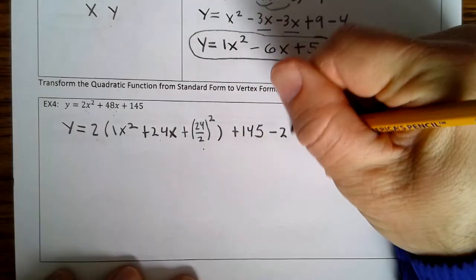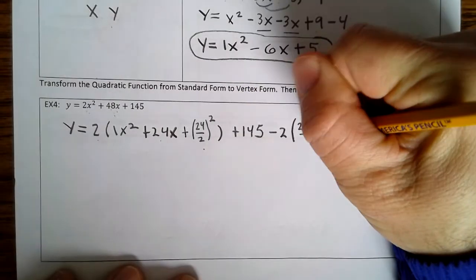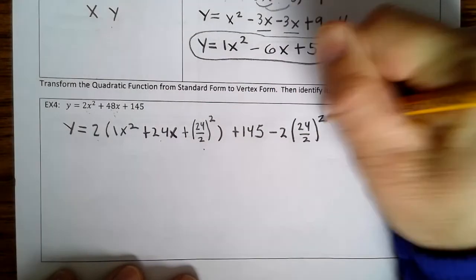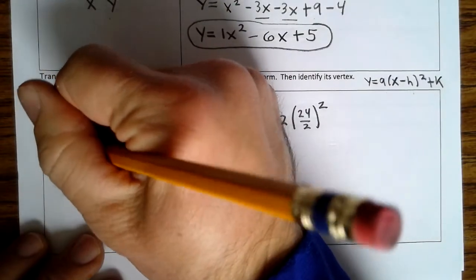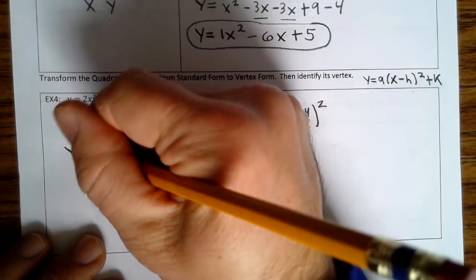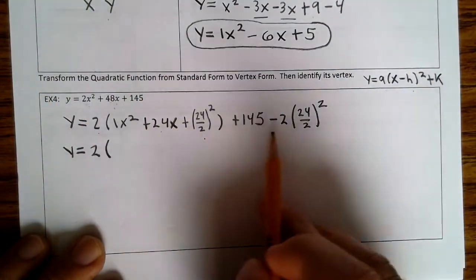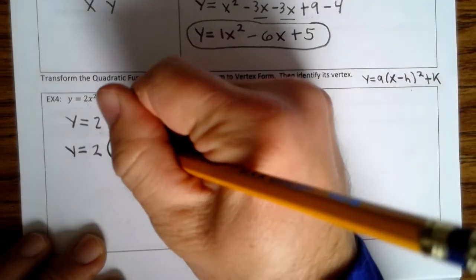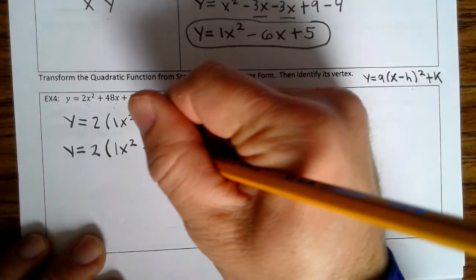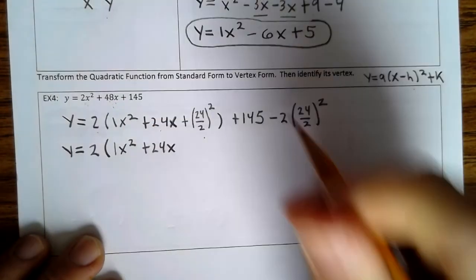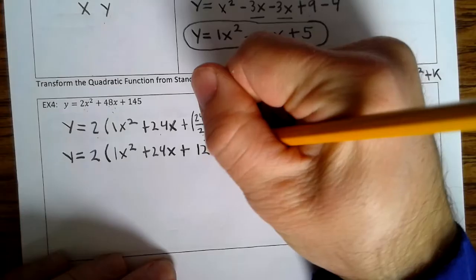So that's y equals 2 times... Now we simplify this and simplify that. So that's 1x squared plus 24x plus 24 divided by 2 is 12. So it's 12 squared, plus 145 minus 2 times 12 squared.